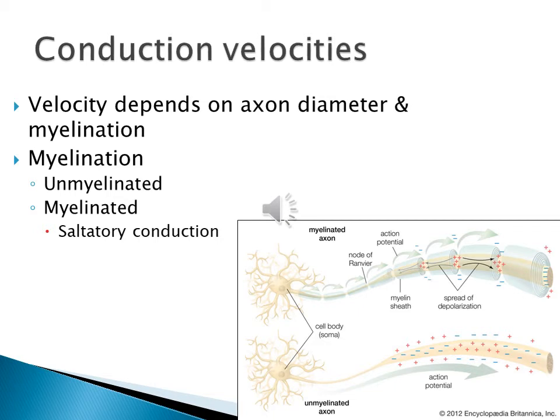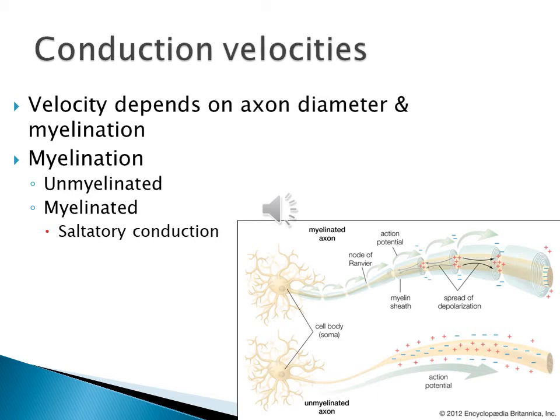So if you look at the picture here, you have this unfocused action traveling, whereas in the myelinated, you've got your arrows showing you that focused spread of depolarization, right? So here's something interesting.